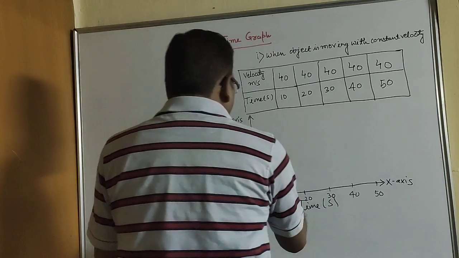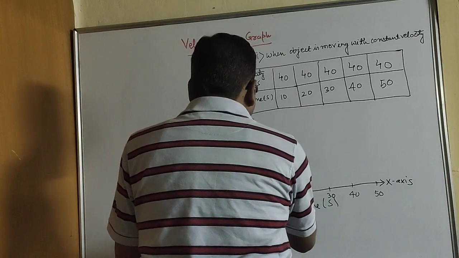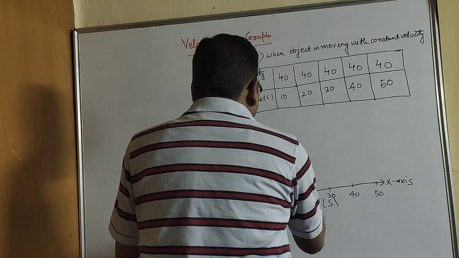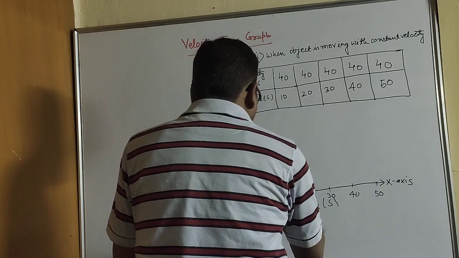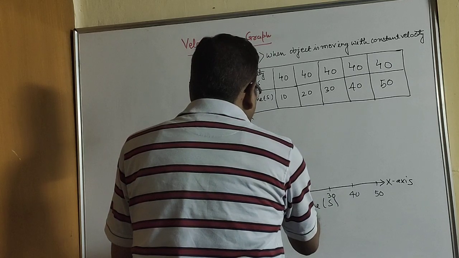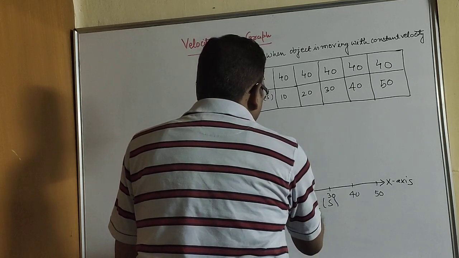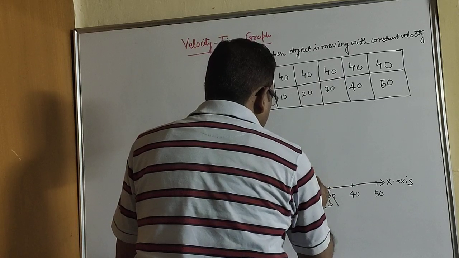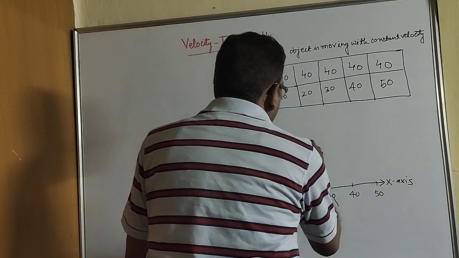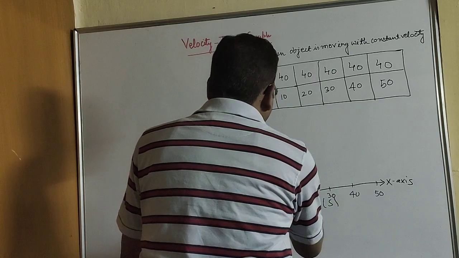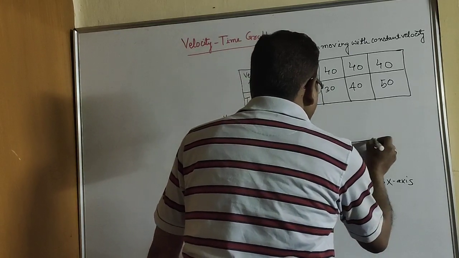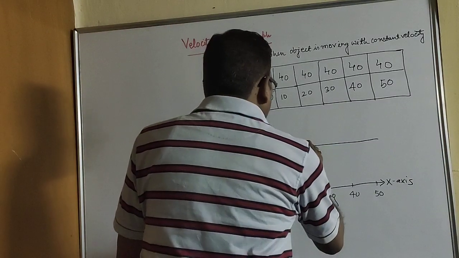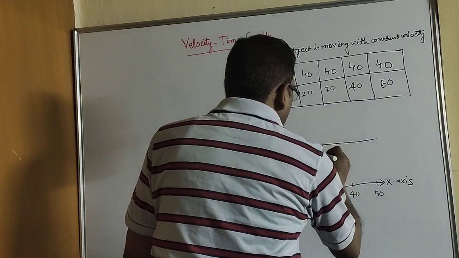And if you plot the graph, in the first 10 second the velocity is 40, then in 20 second, again the same velocity. In this way, if you join the points, you will get a straight line graph.